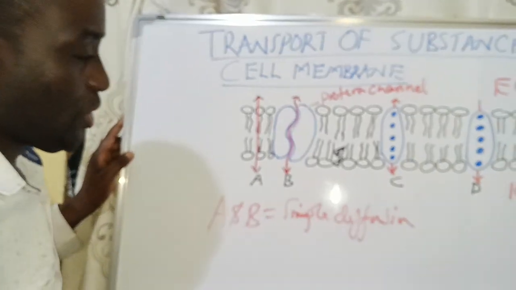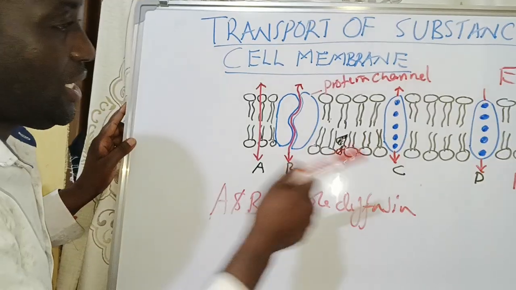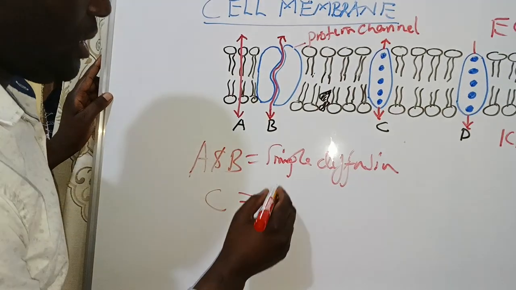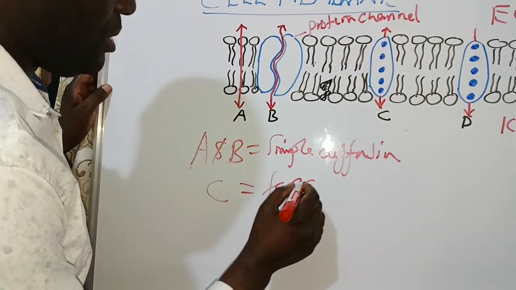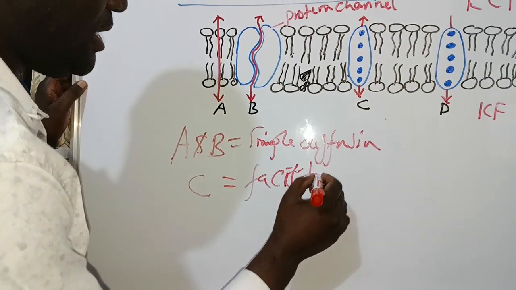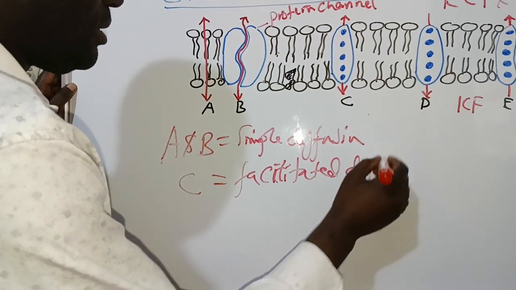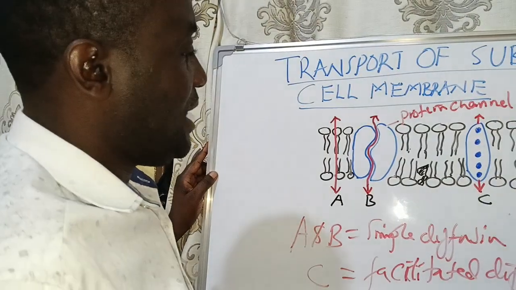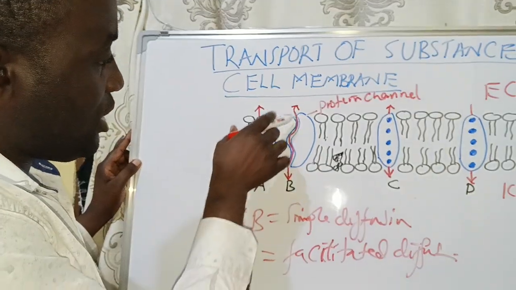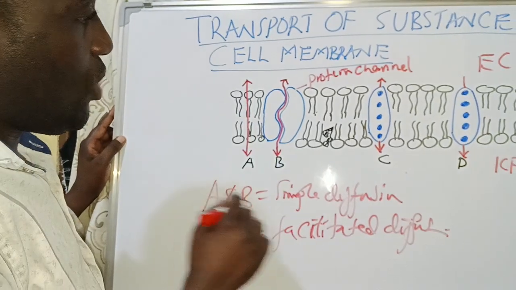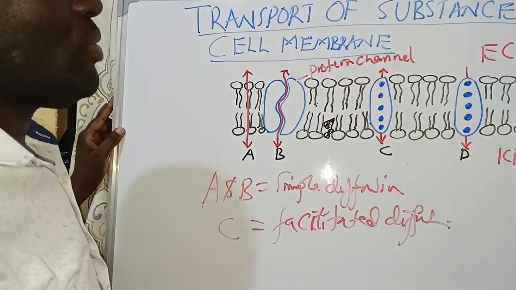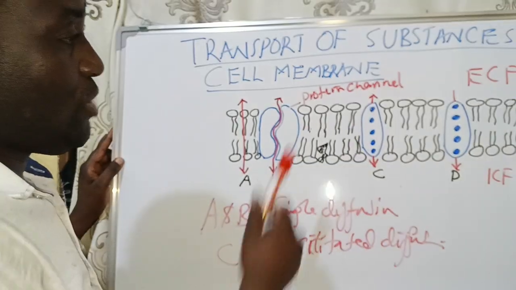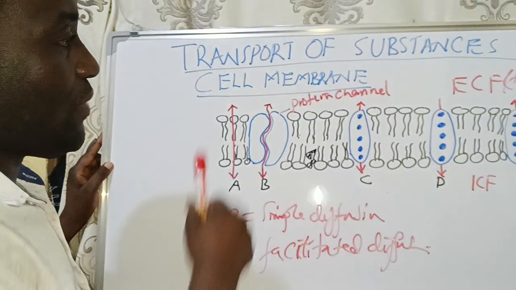So A and B are simple diffusion. Now category C is facilitated diffusion. Unlike B, where you see that there is a channel, in C there is no channel, but a transport protein just changes its configuration.